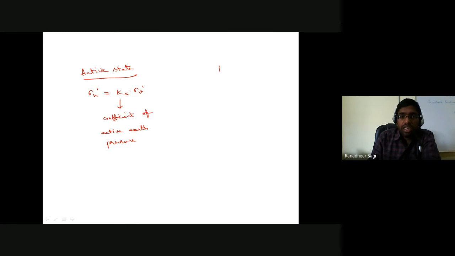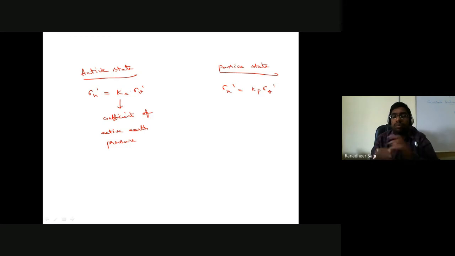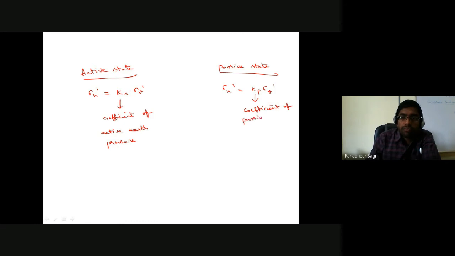In a similar way, in the case of passive state, if I want to define the relation between sigma h dash and sigma v dash, we represent it with a coefficient of earth pressure parameter indicated as Kp, where this Kp is what we write as coefficient of passive earth pressure.